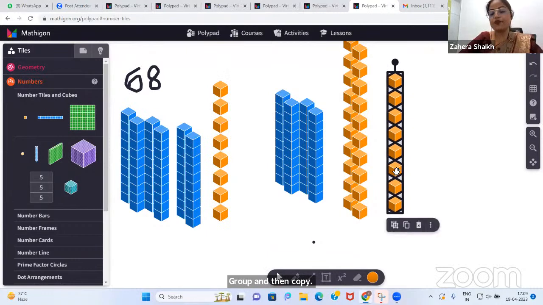So one child represents 68 in the form of tens and ones, 6 tens and 8 ones. And another child represents 4 towers of tens, 4 tens, and then 28 ones.